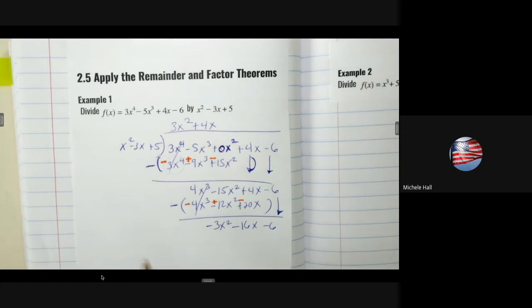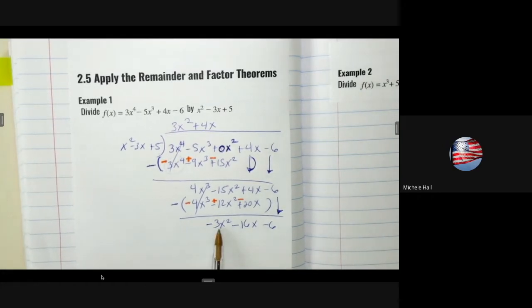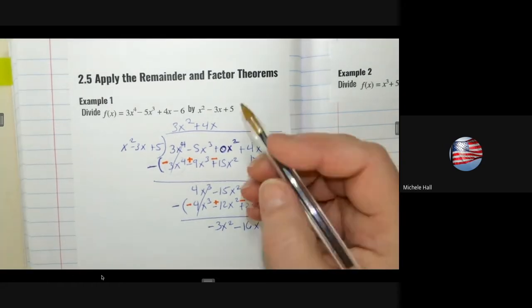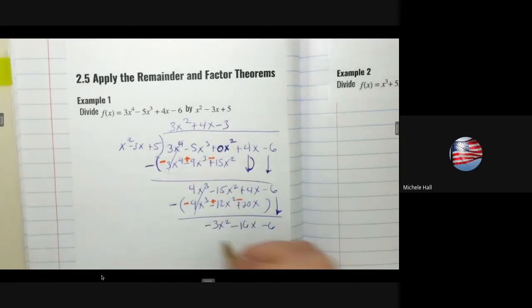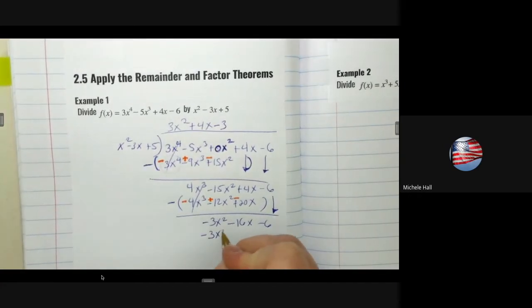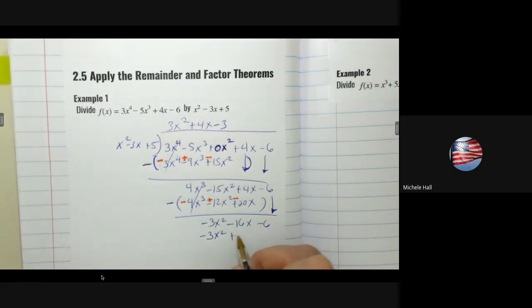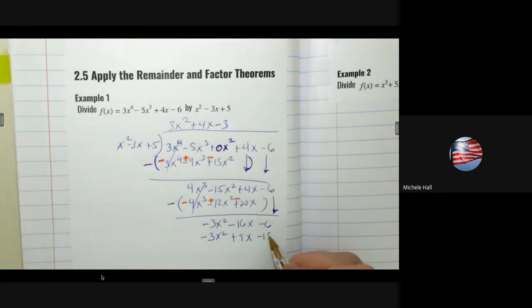Are we done, or do I continue? Can x squared go into negative 3x squared? Yes, it can. We know that negative 3 times x squared is negative 3x squared. Negative 3 times negative 3x is a positive 9x. Negative 3 times 5 is negative 15.